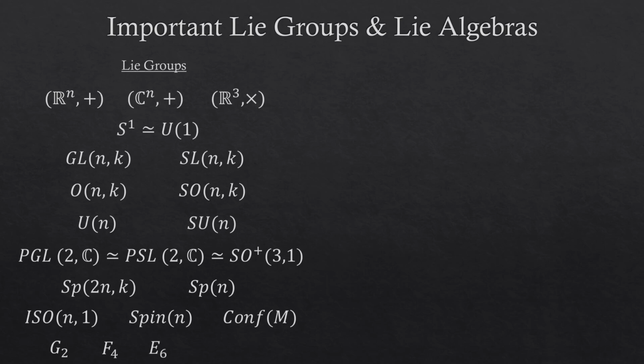Then we have E6, which is a 78-dimensional family of Lie groups, as well as a family of Lie groups that are E7-like that are 133-dimensional in general. The same goes for any E8-like Lie group, which is 248-dimensional in its completely free representation.